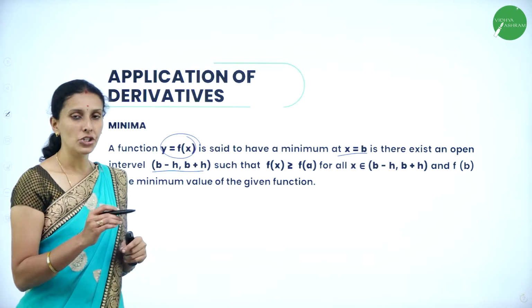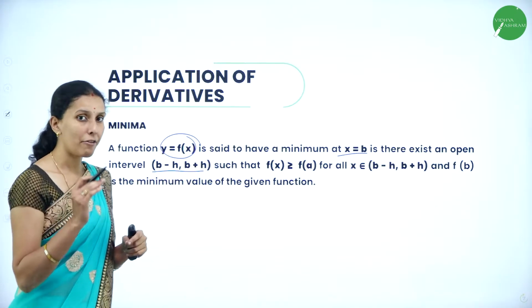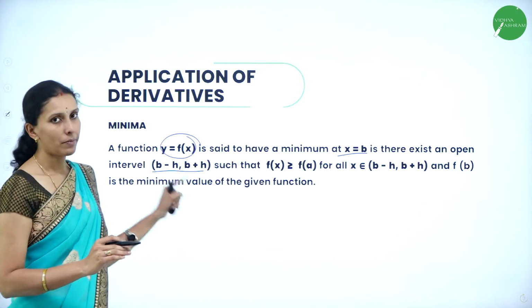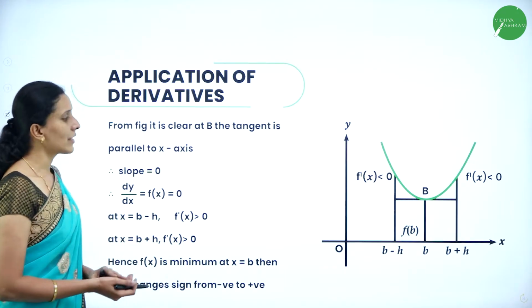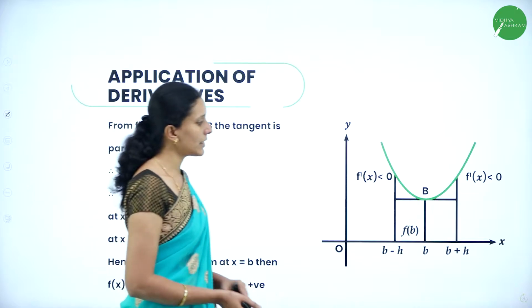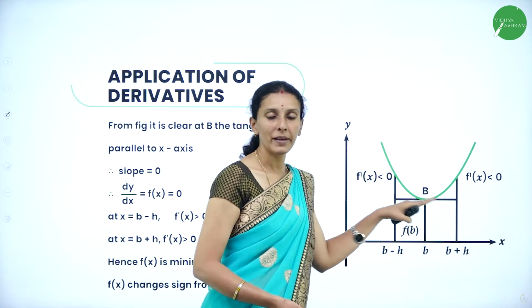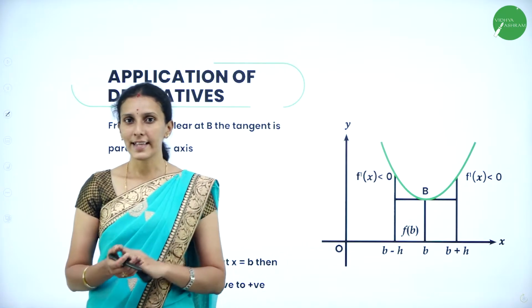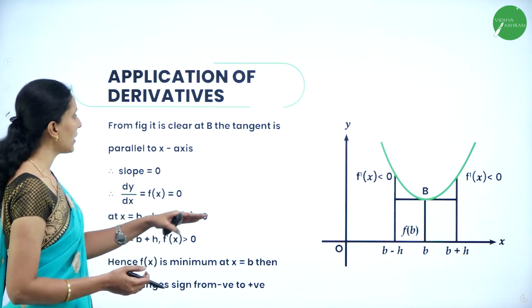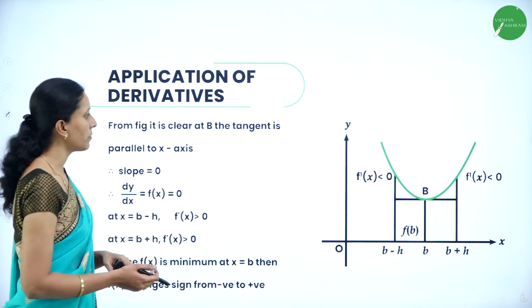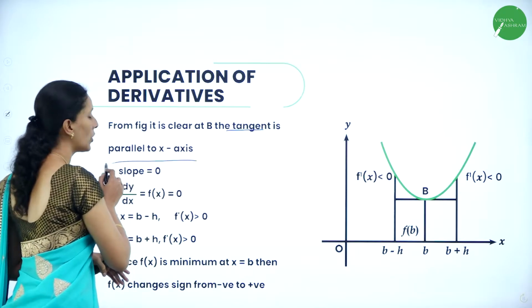Then we say the function at the point b, that is f of b, is said to have a minimum value. So here is a curve which I have taken. You can clearly see at the point of minima, if you draw a tangent, it will be exactly parallel to the x-axis again. So from the figure you can see clearly at the point B, the tangent is parallel to the x-axis.